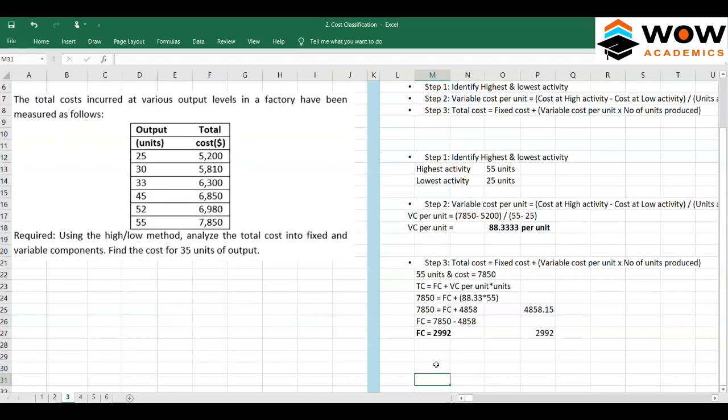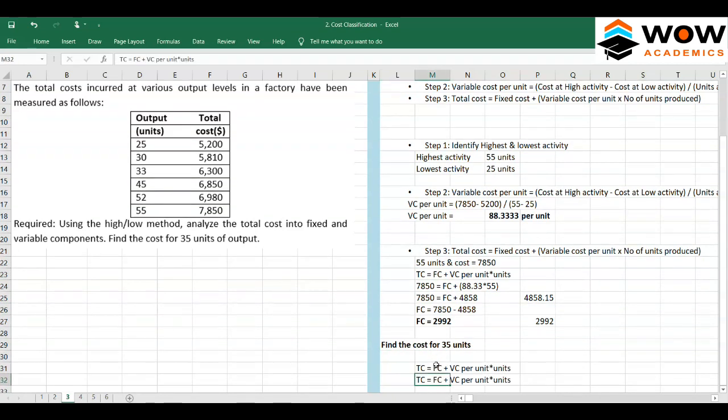The last step is to find the cost for 35 units. How do we find it out? We have the same formula, put it here, and we don't know the total cost.